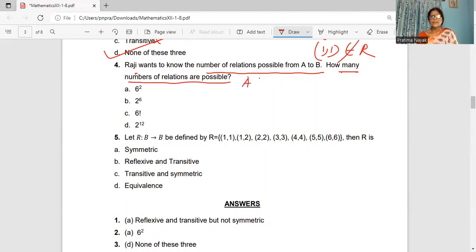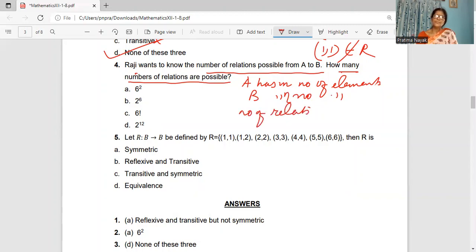I am writing the formula, you can note it down. If set A has m number of elements and B has n number of elements, then the number of relations is 2 to the power m into n.